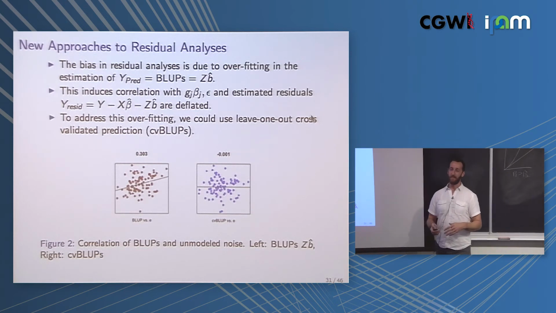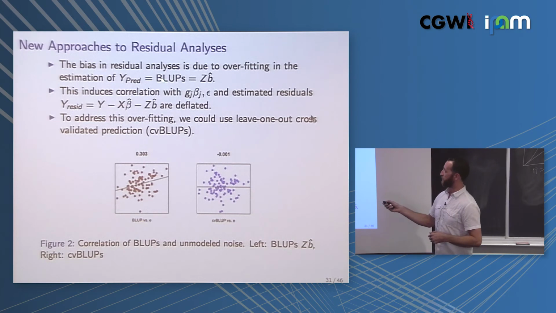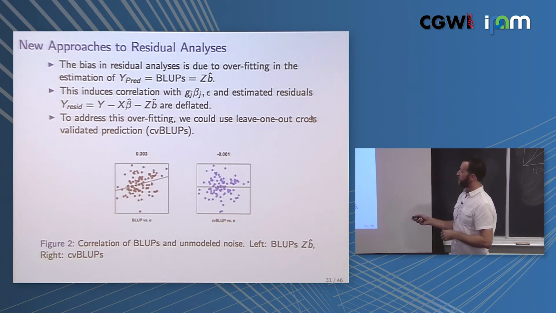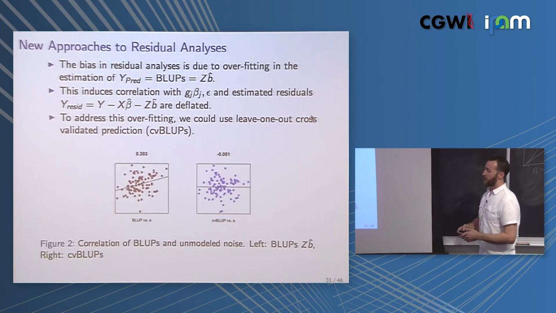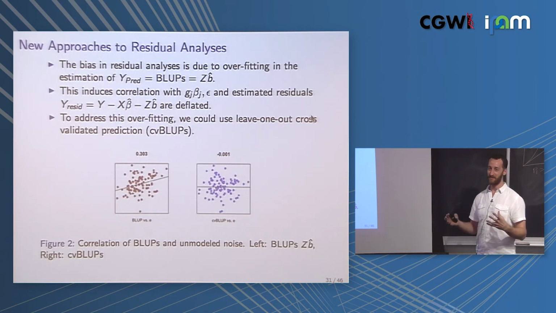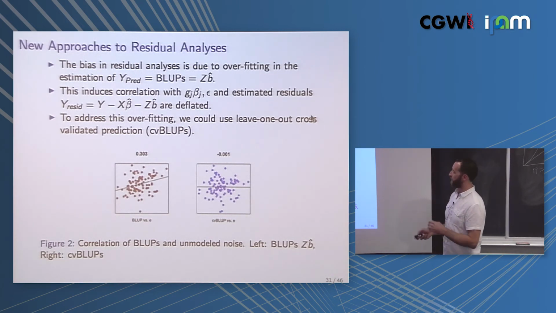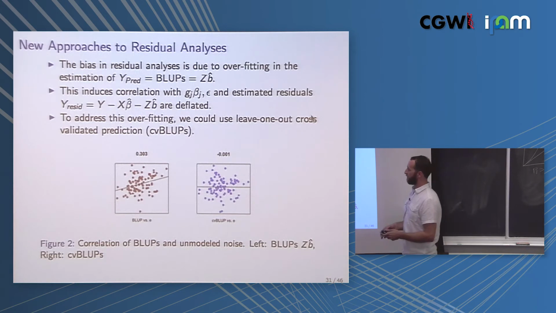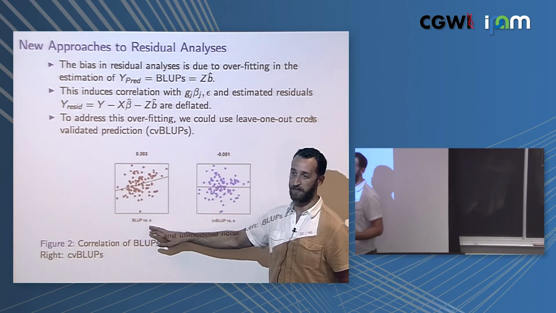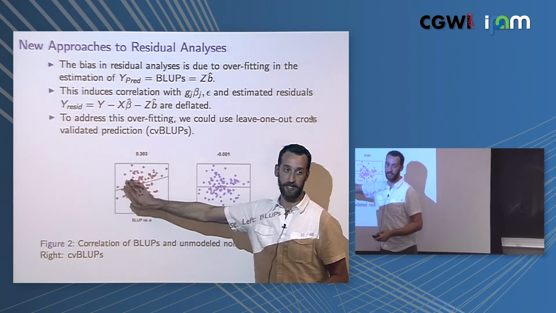So this residual analysis that these other methods used was this residual after predicting y. But you had a sample of n and you were fitting m things. You're going to overfit. You're also fitting in sample, and so because you've overfit, the correlation between the genotype and the noise term in your model is going to be correlated to your predictor.